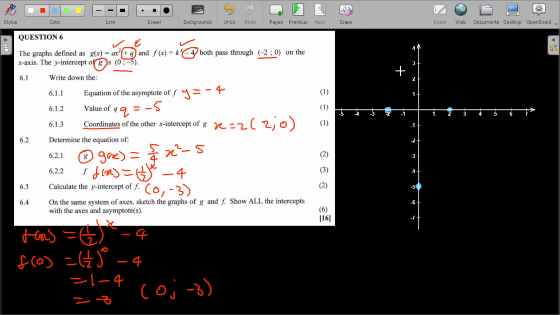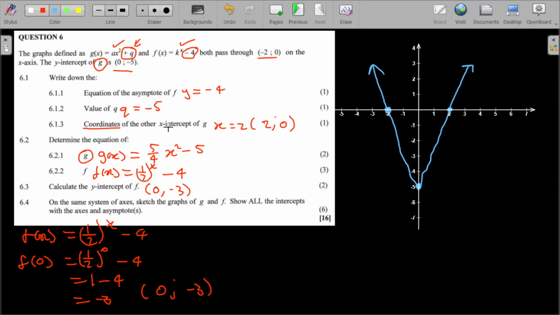So if I draw my graph from there, it's going to look more or less like this. Sorry guys, it's best to be a curvy graph. It's not a straight line graph like this. Hopefully you do get an idea there. It's not two straight lines, guys.